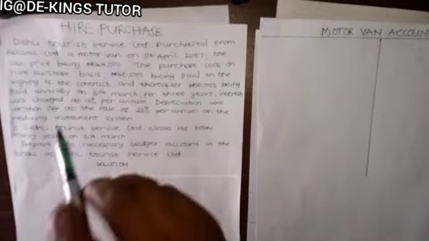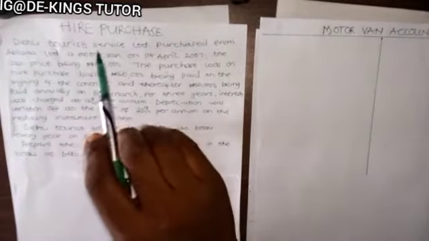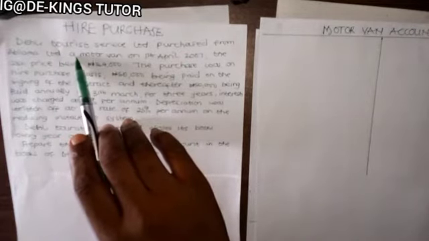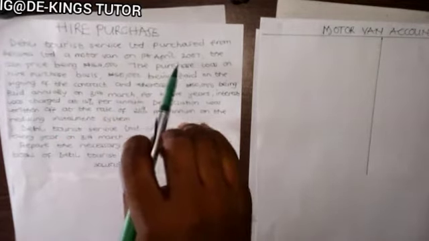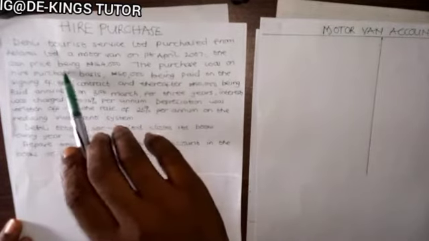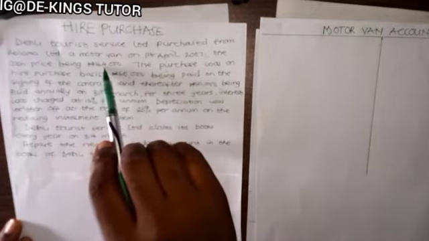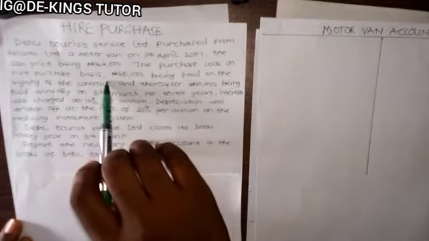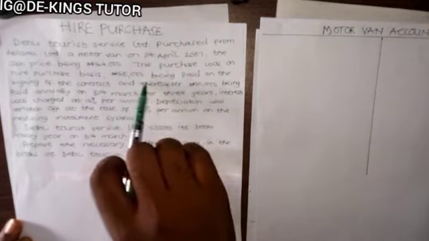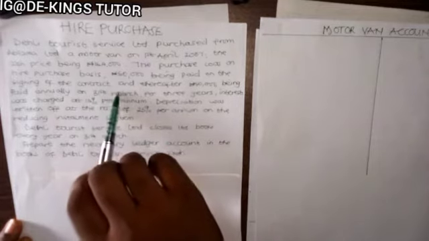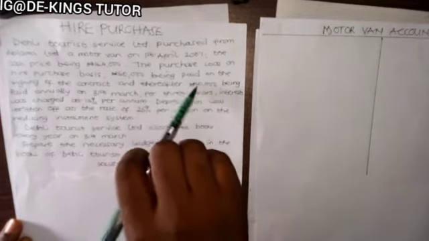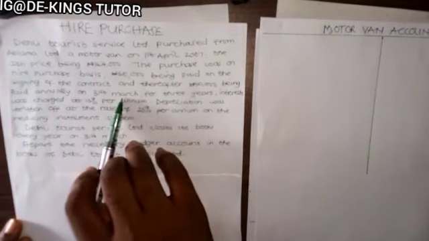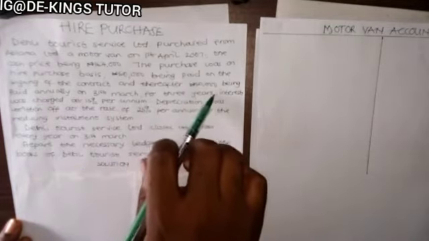The question said, Delhi Tourist Service Limited purchased from Abiyama Limited a motor van on 1st April 2007, the cash price being 164,000 naira. The purchase was on hire purchase basis, 50,000 naira being paid on the signing of the contract, and thereafter 50,000 naira being paid annually on 31st March for 3 years.